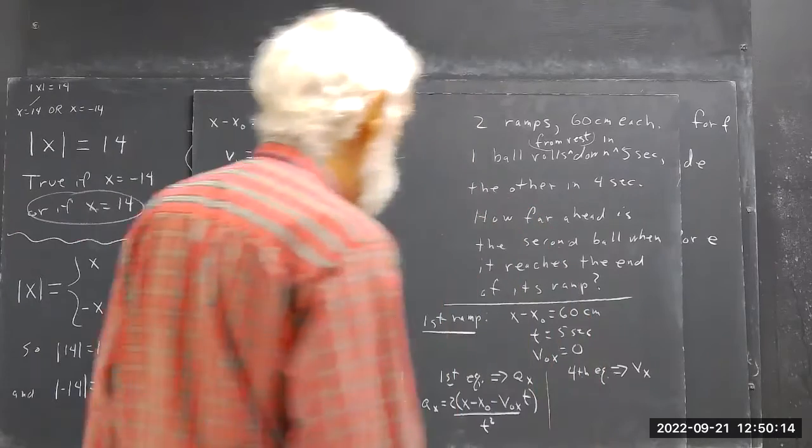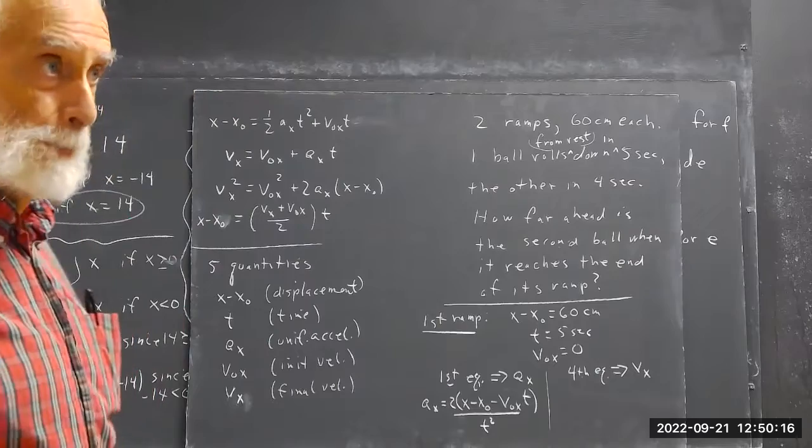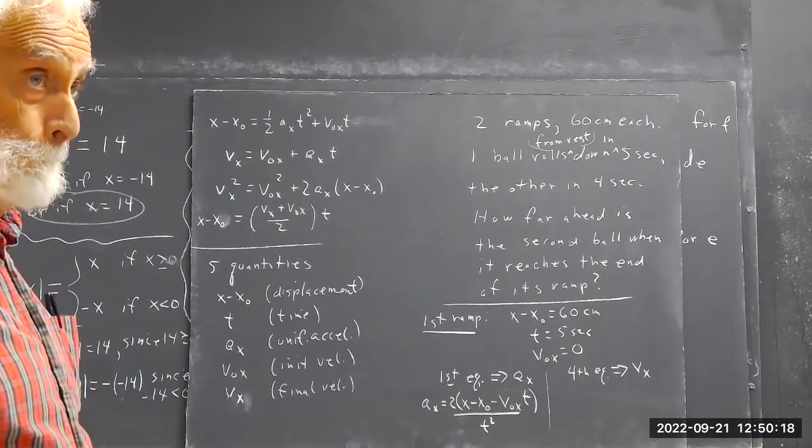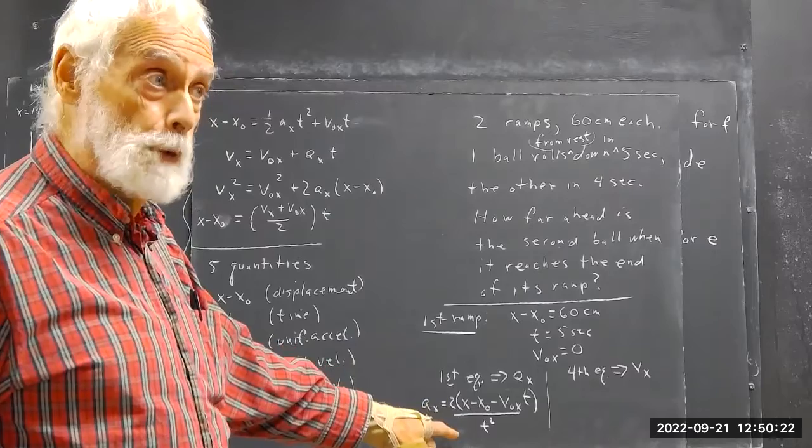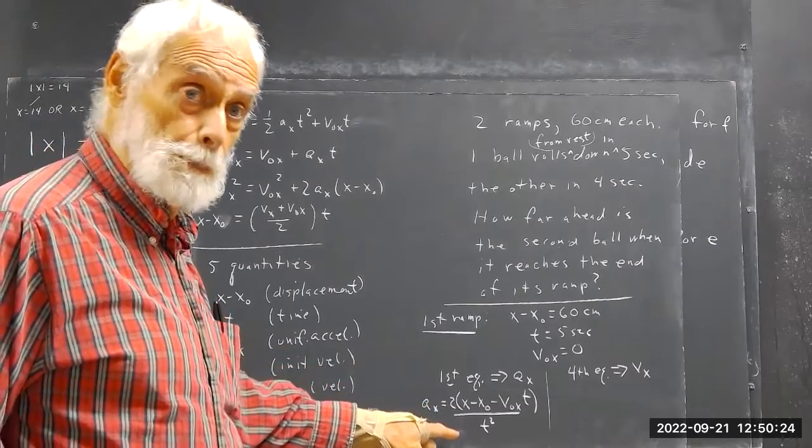In this case, it's really simple to find a x, and we don't have to do that, okay? But we could do that. We could solve this equation for a x. It's more involved than it really needs to be, as you'll see in a minute.